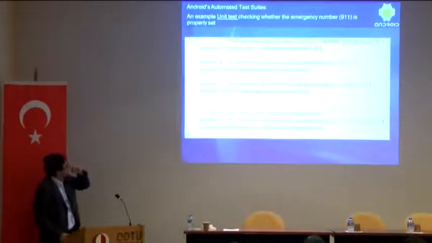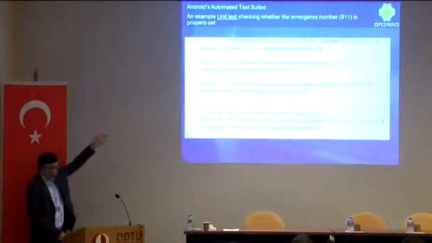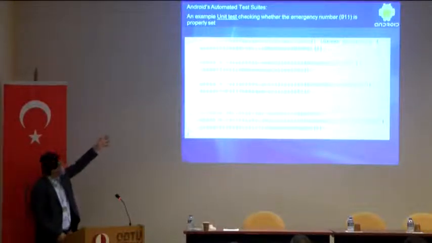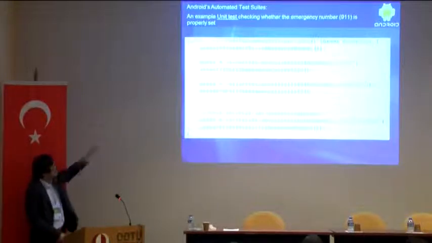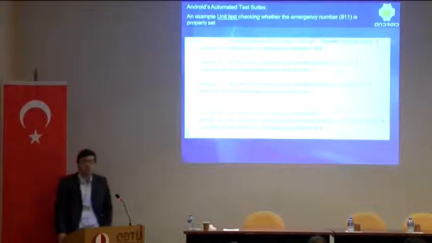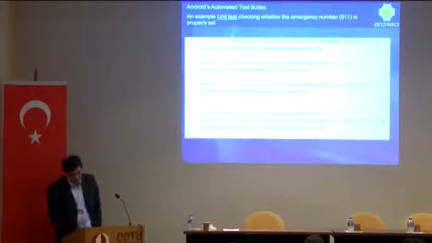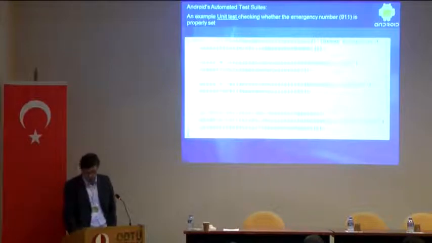Here I'm showing you an example, a real test method from the Android code base itself. This unit test checks that the emergency number, which in North America, as you know, is 911. I'm not sure what it is in Turkey, is it 120? Well, it checks that 911 is set properly.